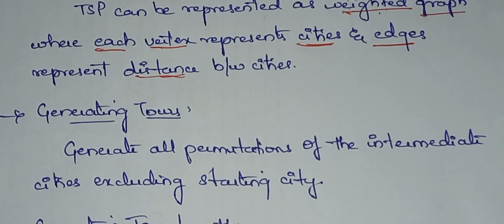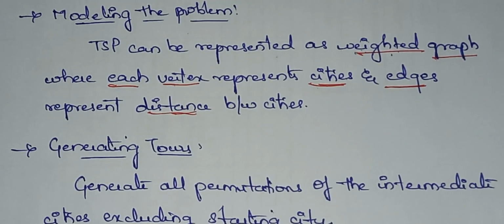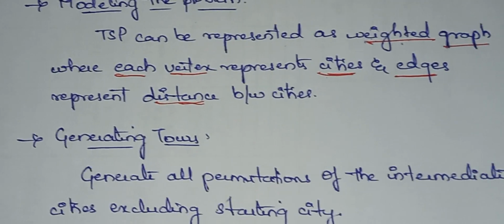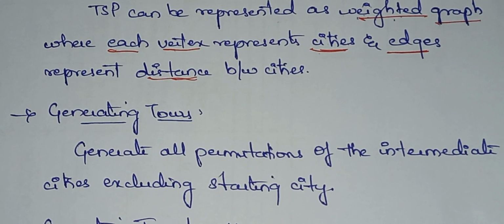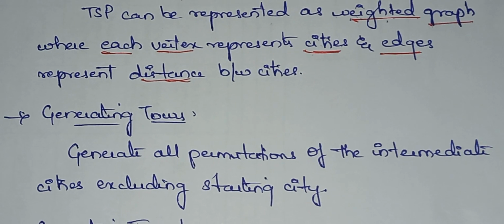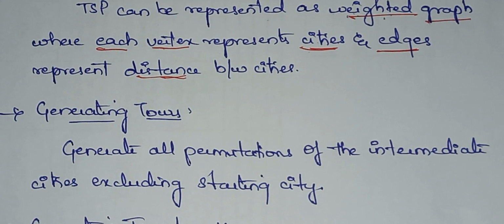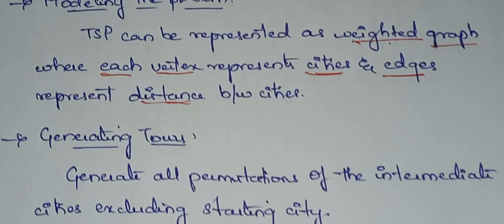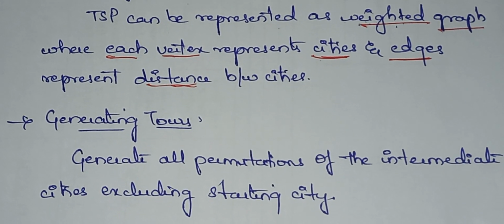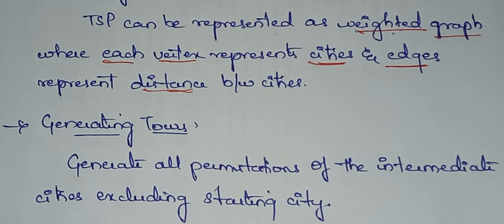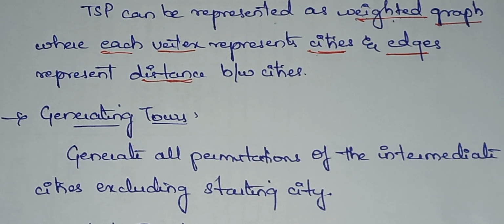And next, moving on to the second step, which is generating tours. Once the graph is given to you with the costs, you have to generate tours. You have to generate all permutations of the intermediate cities, excluding the starting one. You are starting at a particular city and visiting each and every city once. So those tours have to be calculated, which are nothing but the permutations.